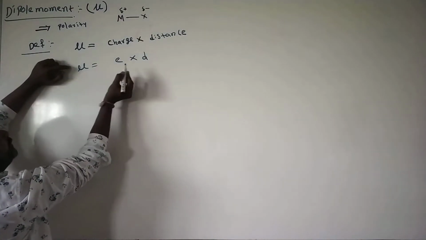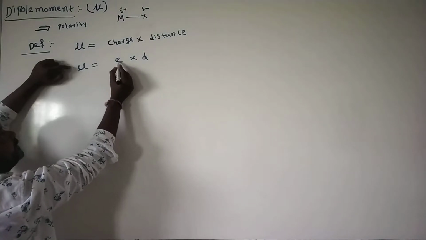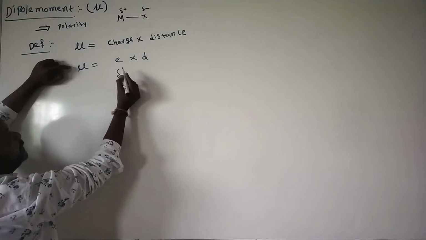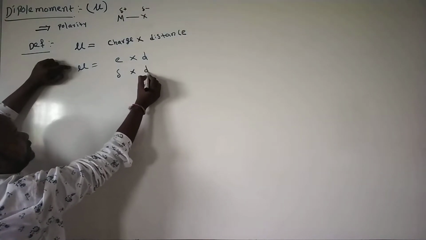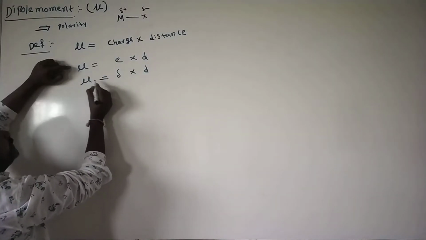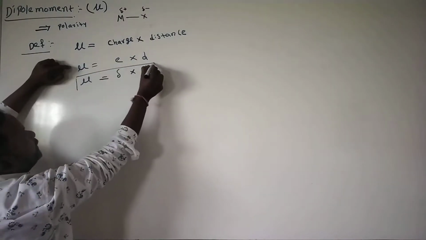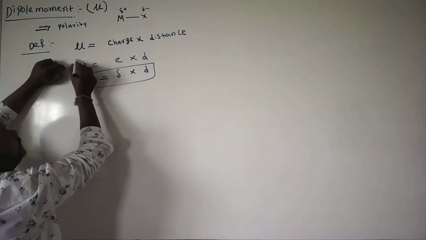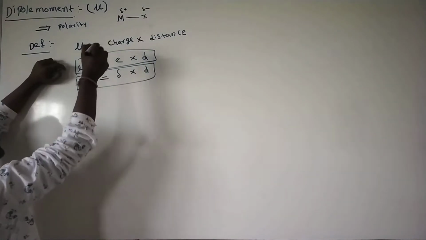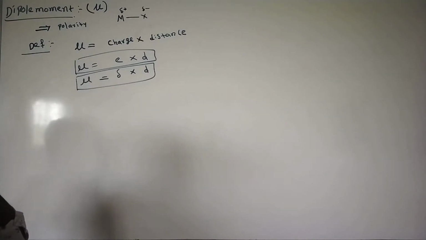So mu is equal to e into d. Sometimes the charge is also indicated with delta. So mu is equal to delta into d, or mu is equal to e into d. All these are the same terminologies.